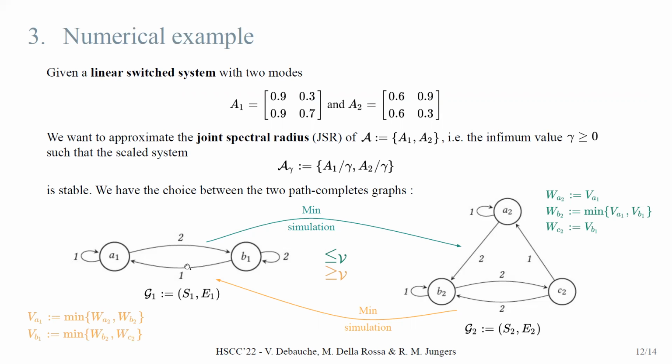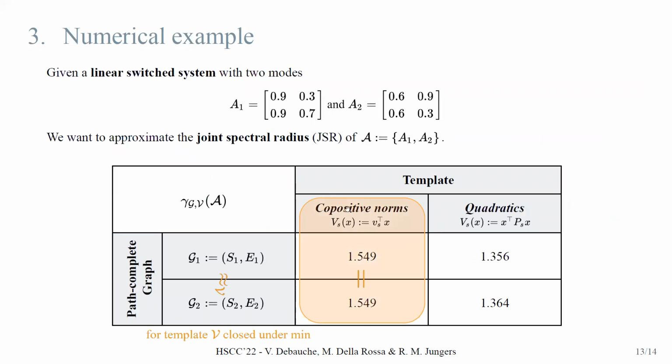So this means in practice that if we consider a template which is closed under minimum, both graphs will provide the same approximation of the JSR. And this is indeed what we see in the results, since if we consider the template of primal copositive norms, both graphs provide exactly the same approximation.